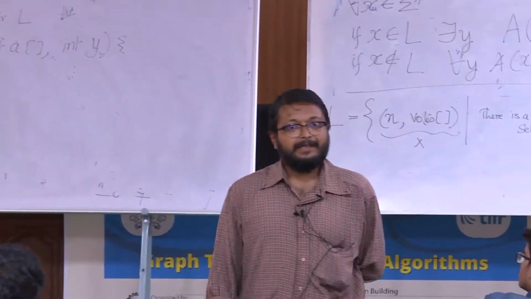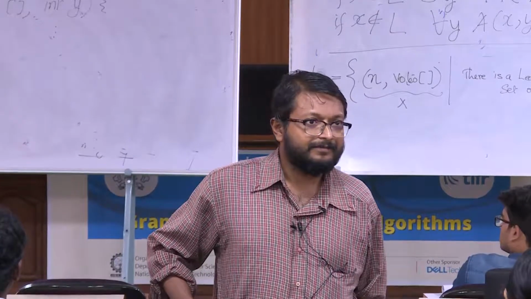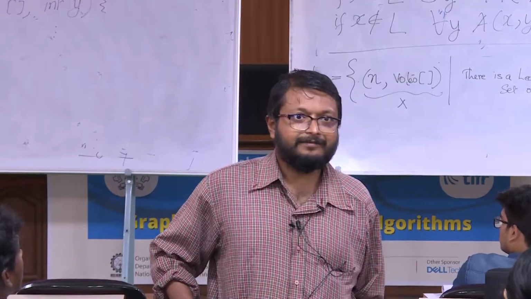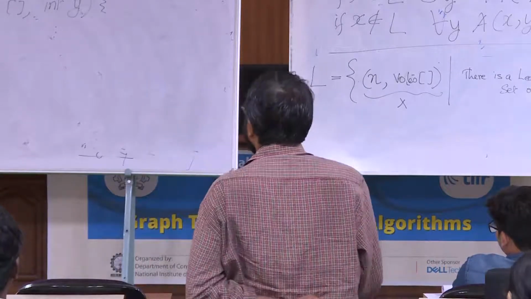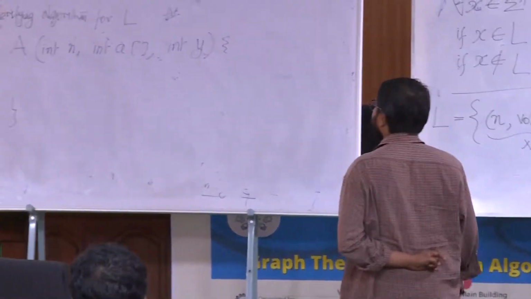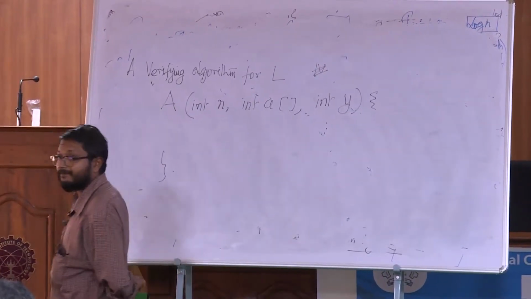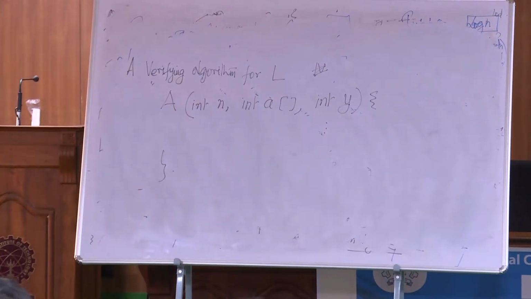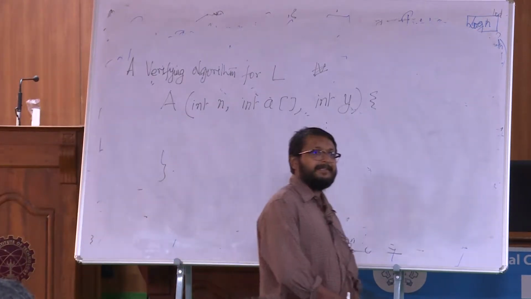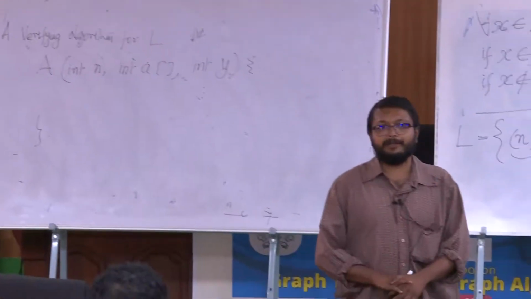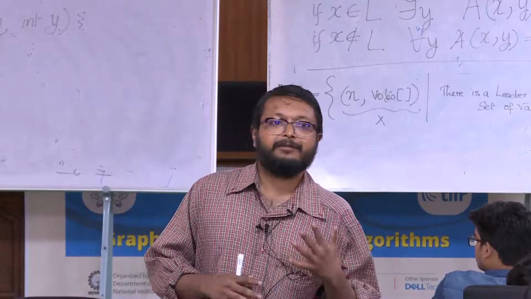And what is your algorithm supposed to do? The algorithm should check whether y is a leader. Now, with that you have already written it, right? Is this algorithm a valid verifier for the problem?